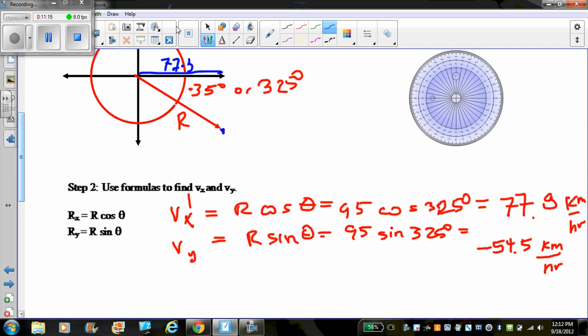And this vertical component, negative 54.5, is how far down I would have to go to get to the end of this vector. And of course, r was 95. So basically what I have here is a right triangle, and I've just used SOHCAHTOA to find the two sides of the right triangle.